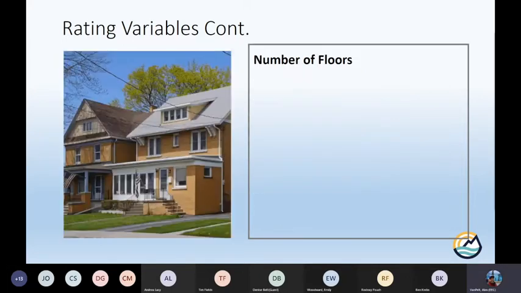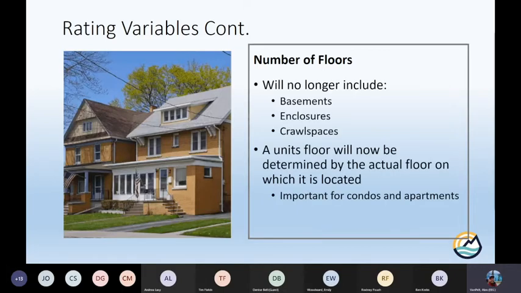Another new rating variable is going to be number of floors. Again, no longer will your lowest floor be considered a basement, an enclosure, or a crawl space. We still want to encourage people to have their crawl spaces or interior spaces at or above exterior grade. That's not going away.